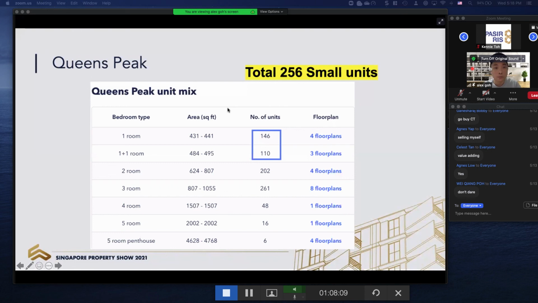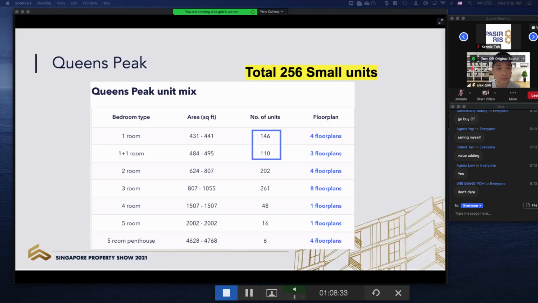So you can see that there are 256 smaller units introduced to the area. With more supply of the one bedder, if you are a home buyer and you want to buy a unit, will you go for something newer, or something older?